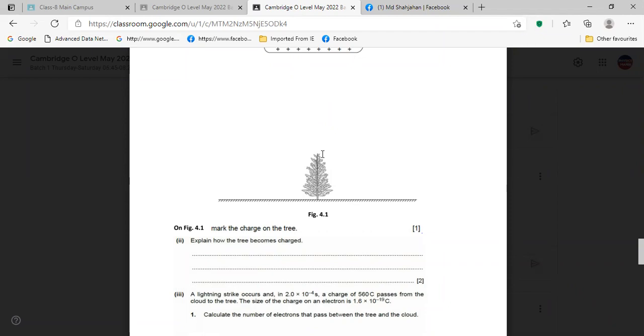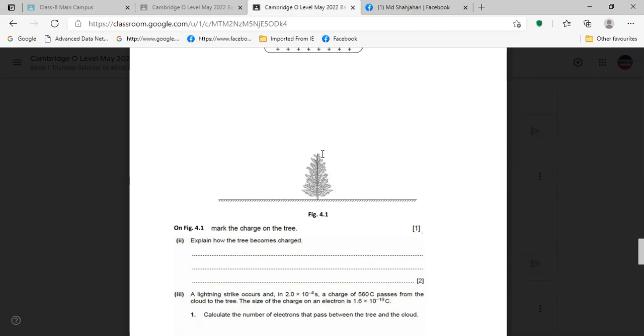I will write it. The lower part of the cloud gets positively charged. The electrons on the ground are repelled by the lower part of the cloud, which is already positively charged, right?